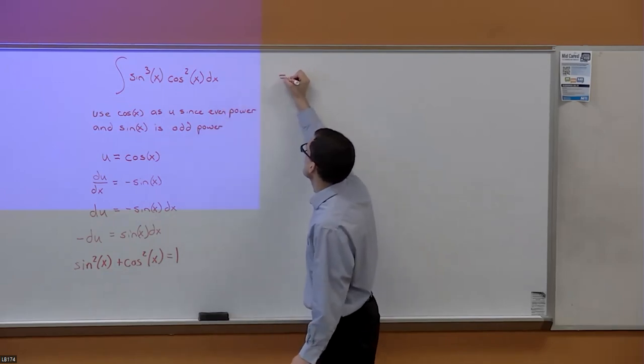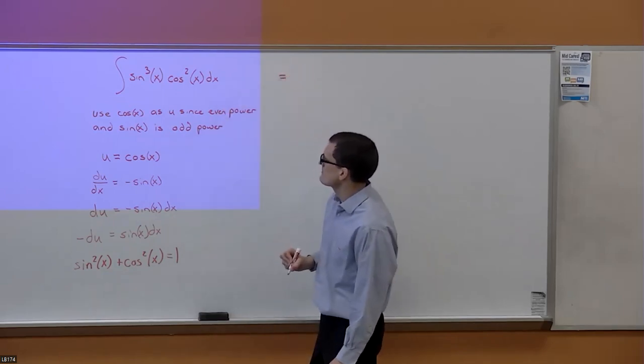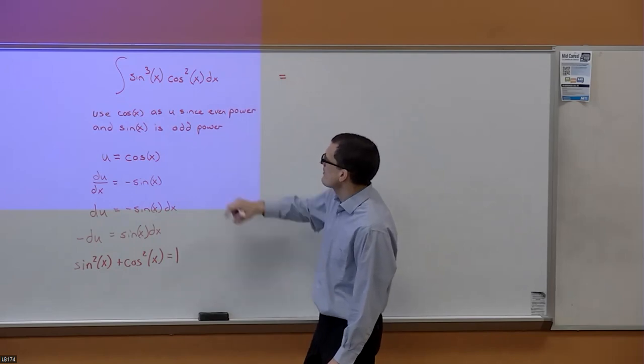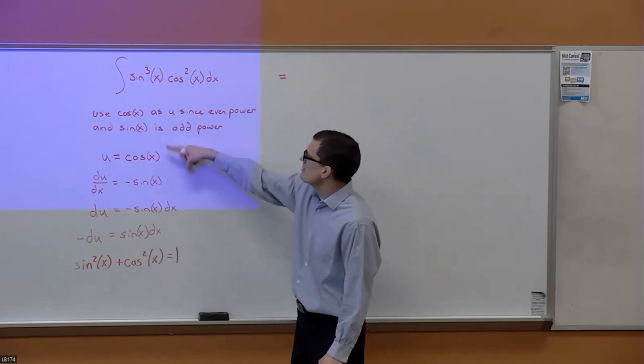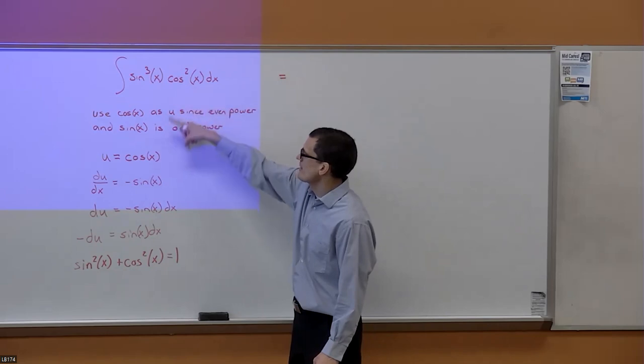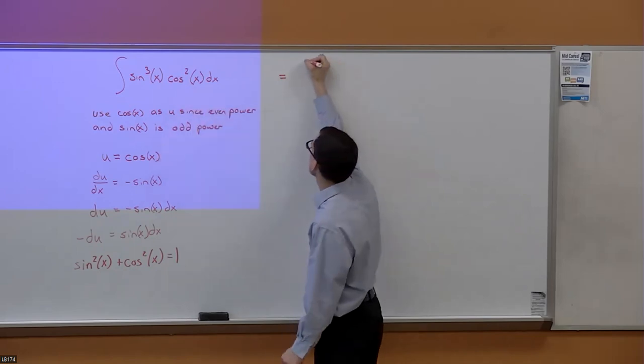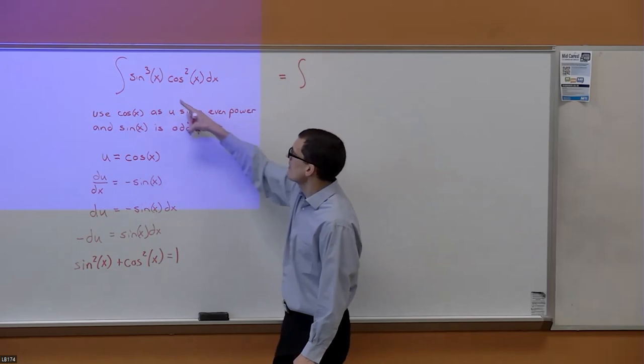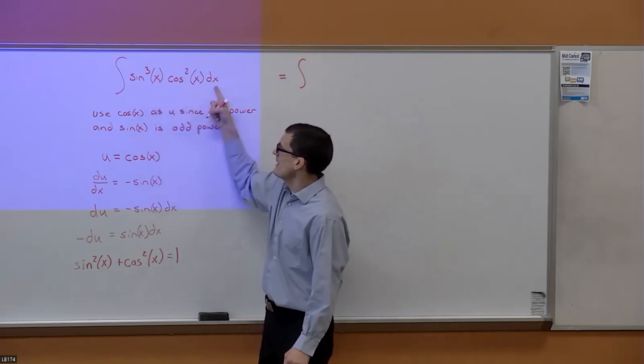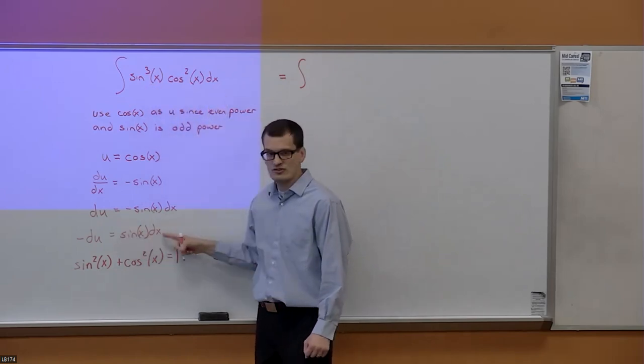So here's what I do. I want to rewrite this so that cosine squared can be a u squared. Sine is going to get matched up with the dx for this exchange.